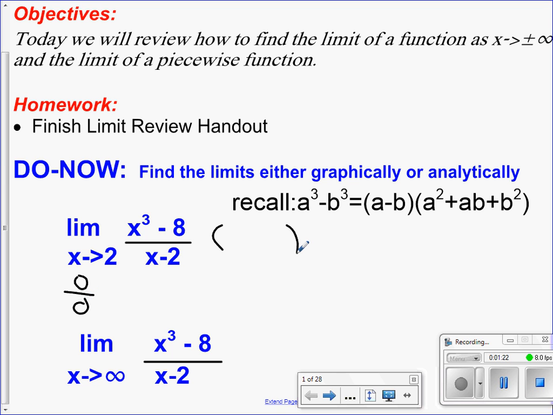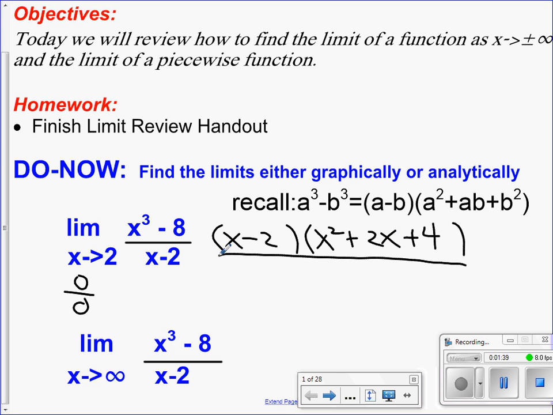So what about the factors for the numerator? Anyone want to volunteer what those are? Matthew. Right? Yeah, you got to give me both factors. x squared plus 2x plus 4. Nice. Factoring a difference of 2 cubes.